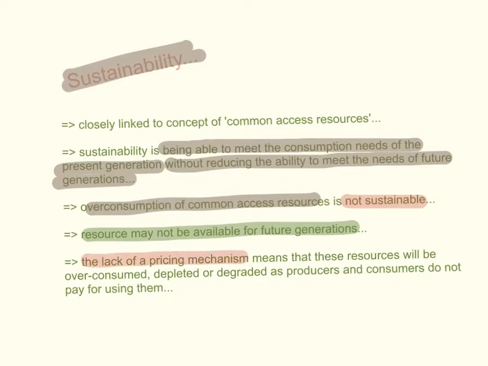We said that usually because it's difficult to exclude people from consuming common access resources, the market won't have anything to do with them. And this means that these resources will be overconsumed, depleted, or degraded as producers and consumers do not pay for using them. So the problem of common access resources and the problem of sustainability are closely linked.